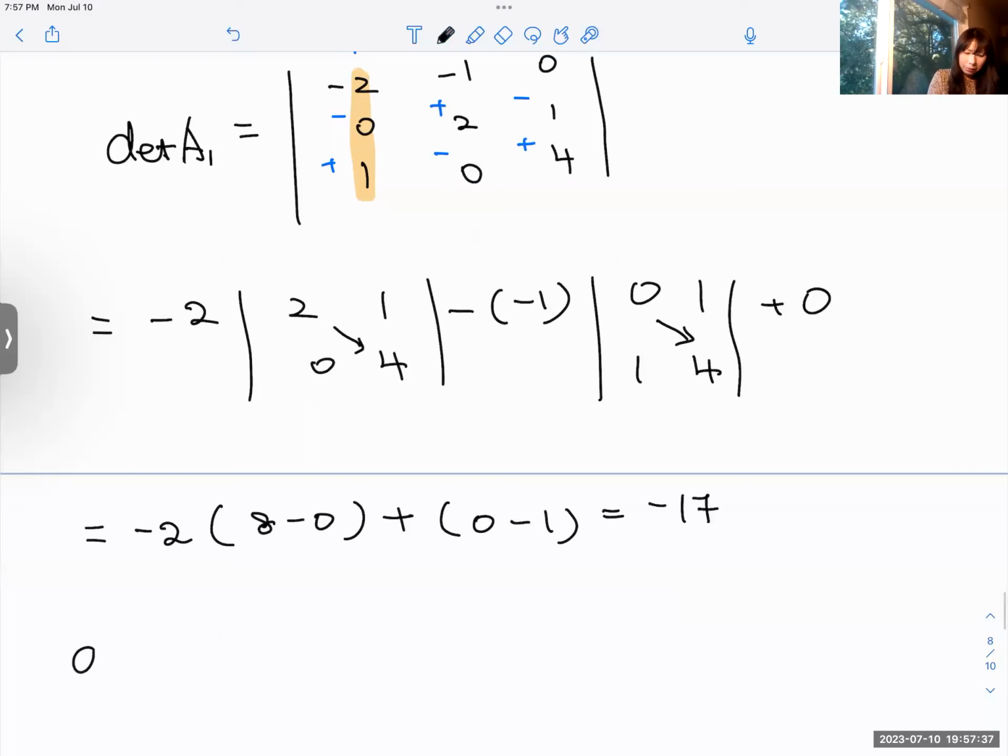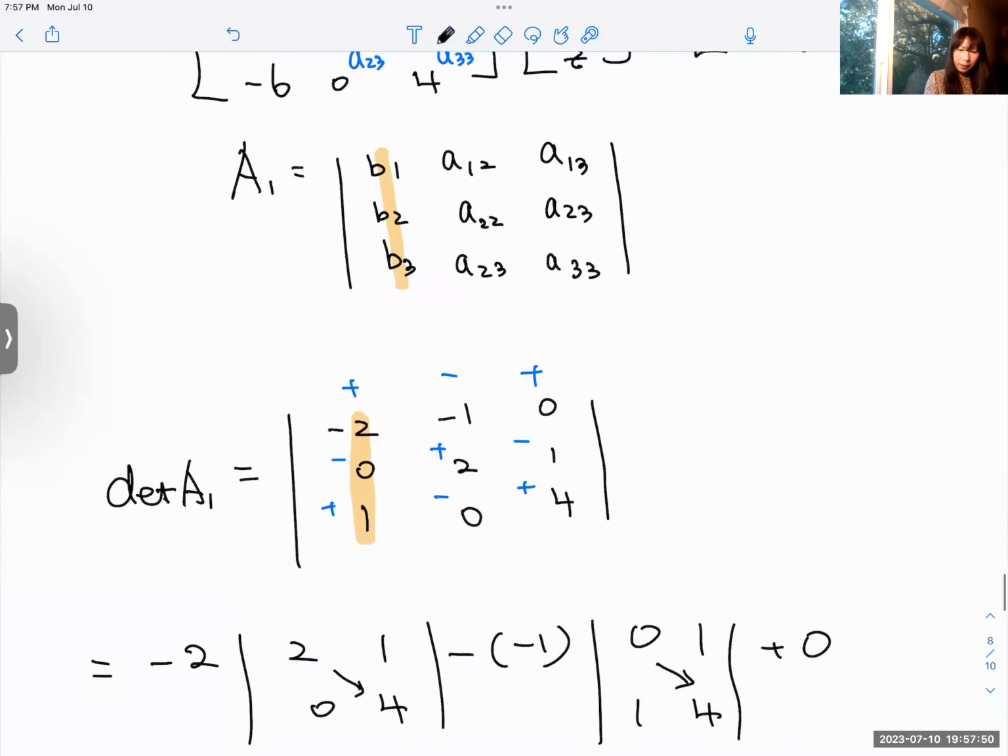Okay, determinant of A sub 2. So we figured out it is the second column, so it's negative 2, 0, 1. And let's see.